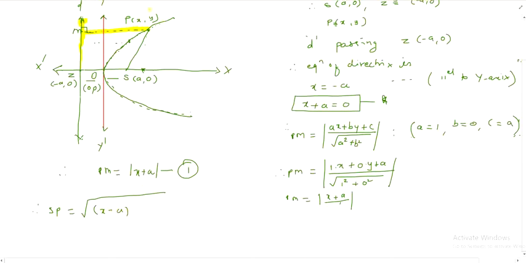Look at here students, x2 minus x1. So here let us see, this is x2 and this is x1. Okay, so x2 minus x1, and similarly y2 minus y1, and we have to write down the bracket square here.